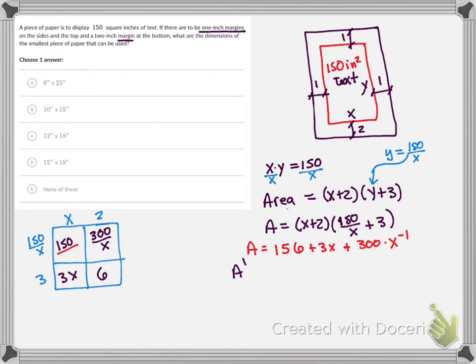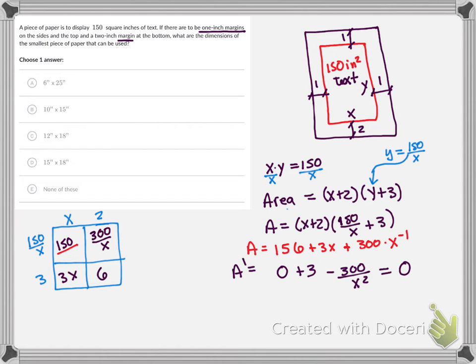A prime: the derivative of 156 is 0. The derivative of 3x is 3. The derivative of 300 times x to the negative 1 will be negative 300 over x squared. This is what we're setting equal to 0.